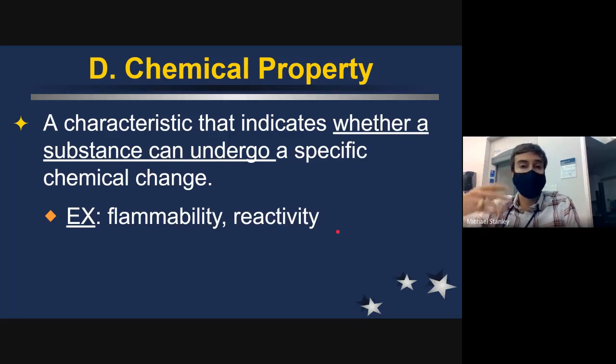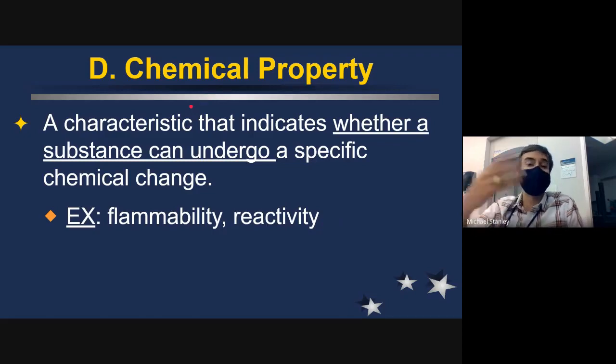So certain chemicals, super reactive, even explosively reactive. Other chemicals, very, very low reactivity. They don't want to react or do any sort of changing with any chemicals around them. So that's what chemical properties about a substance tell us.